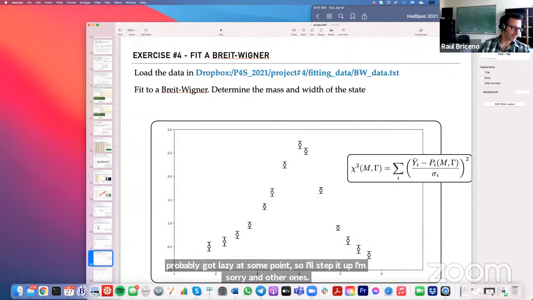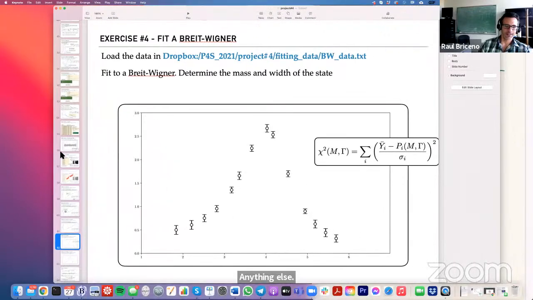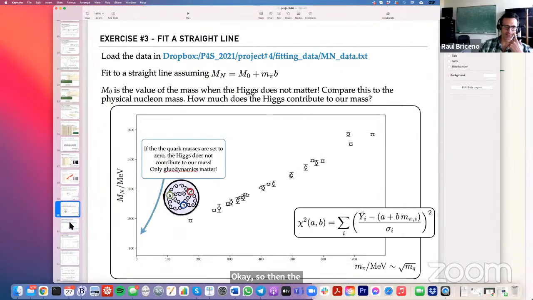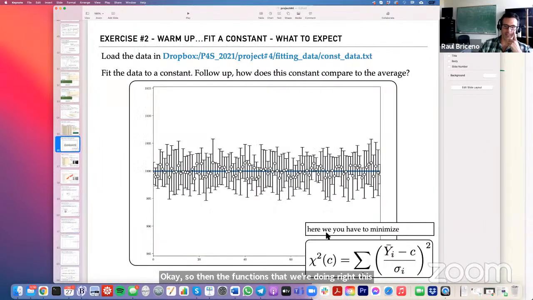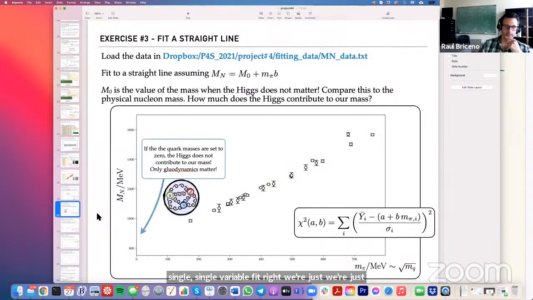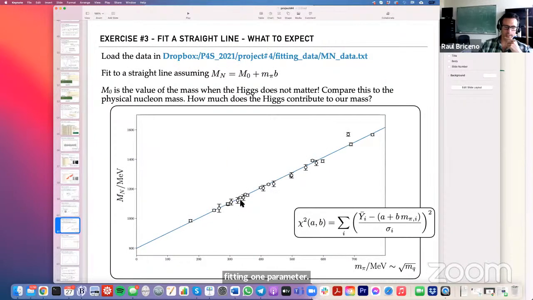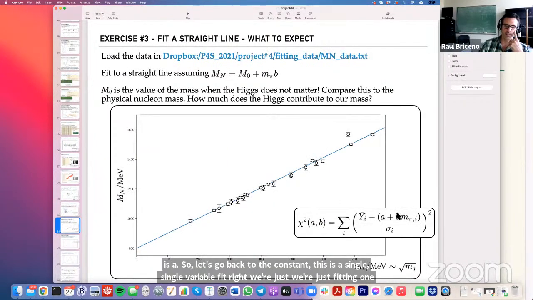Anything else? Okay. So then the functions that we're doing, let's go back to the constant. This is a single variable fit. We're just fitting 1 parameter. And here we're fitting 2 parameters. It's a straight line, which can be described by an offset and the slope.